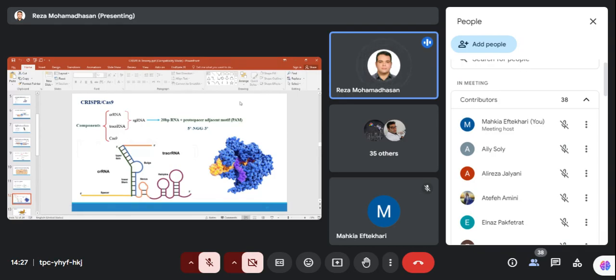You can find the PAM sequence here. It's really short. And here is the main structure of the sgRNA. You can find here each part of the structure. And here is Cas9.